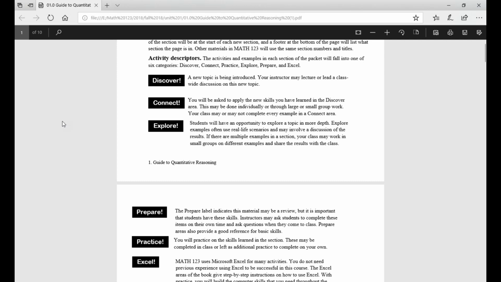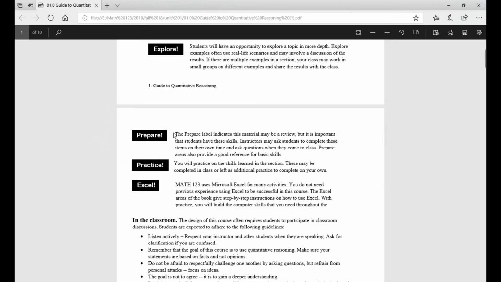Explore are a little bit more in-depth problems. Occasionally I do get to some explore problems, but mostly I'm typically going through the discover and the connect phase, so that's what I'll mostly be covering in our sessions.